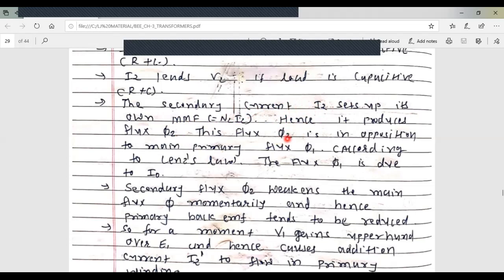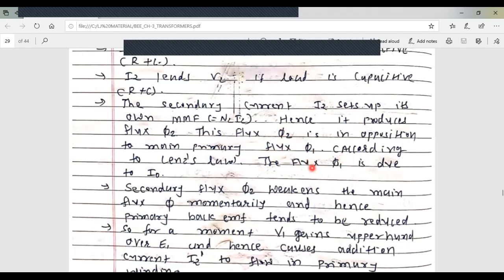But that flux phi2 is in opposition to the main primary flux phi1. See here, in an ideal transformer, we have discussed that all flux of primary winding links with the secondary winding, but in the case of a practical transformer, this primary flux phi1 is in opposition with the flux produced in the secondary winding, phi2.